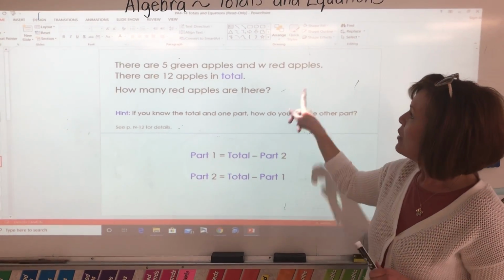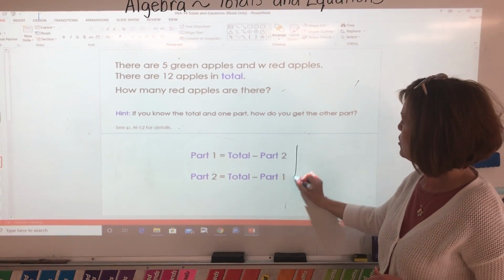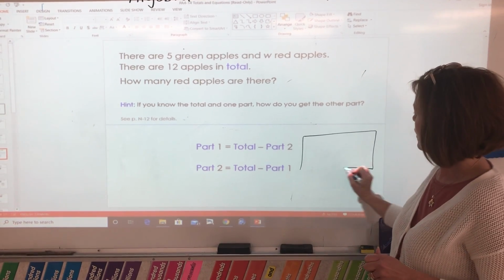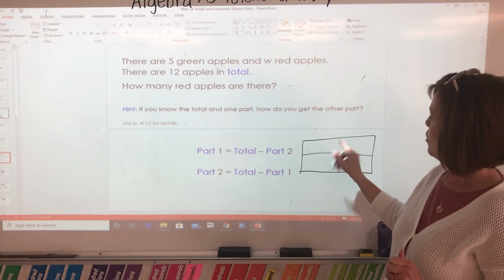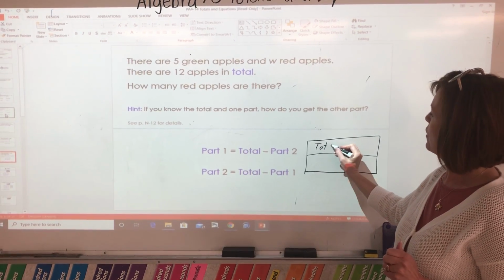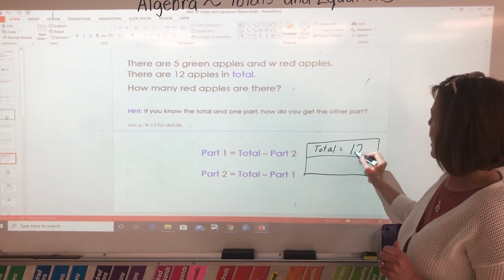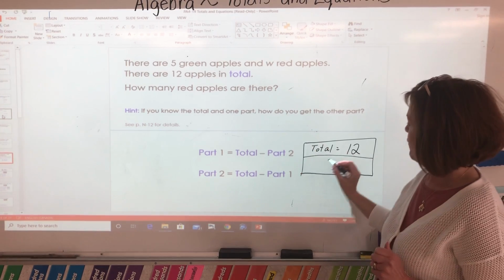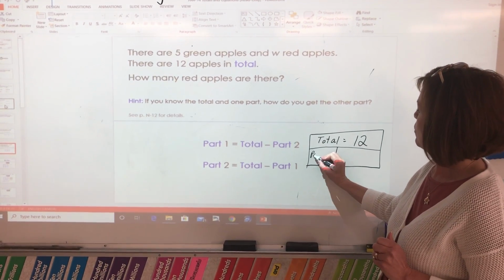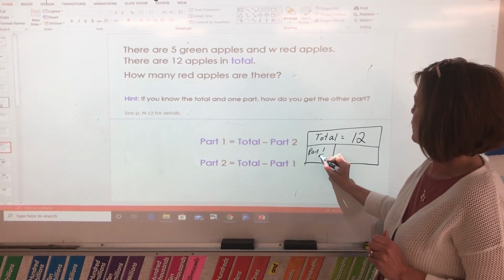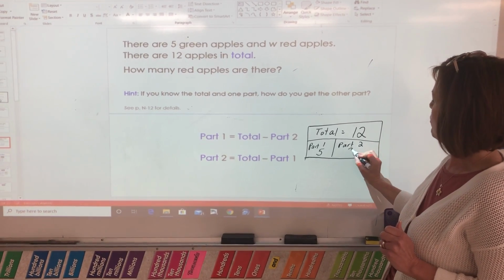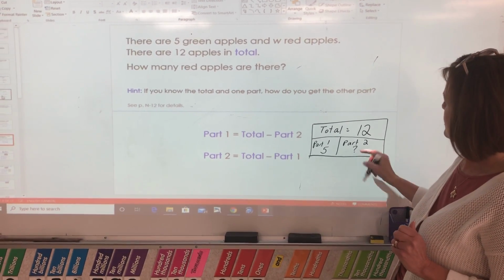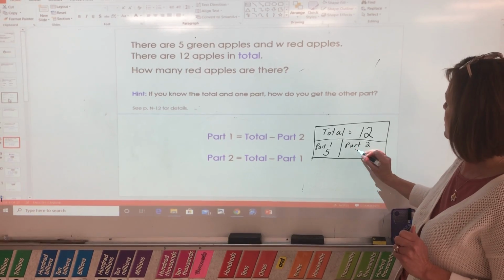And so we need to think about this new way they want us to organize our information. On the top goes the total. There are a total of 12 apples. There are 5 green. That's my part 1. I know there's 5 green, but part 2, I don't know how many red. I could put a question mark, but they put a W, so we'll put a W.